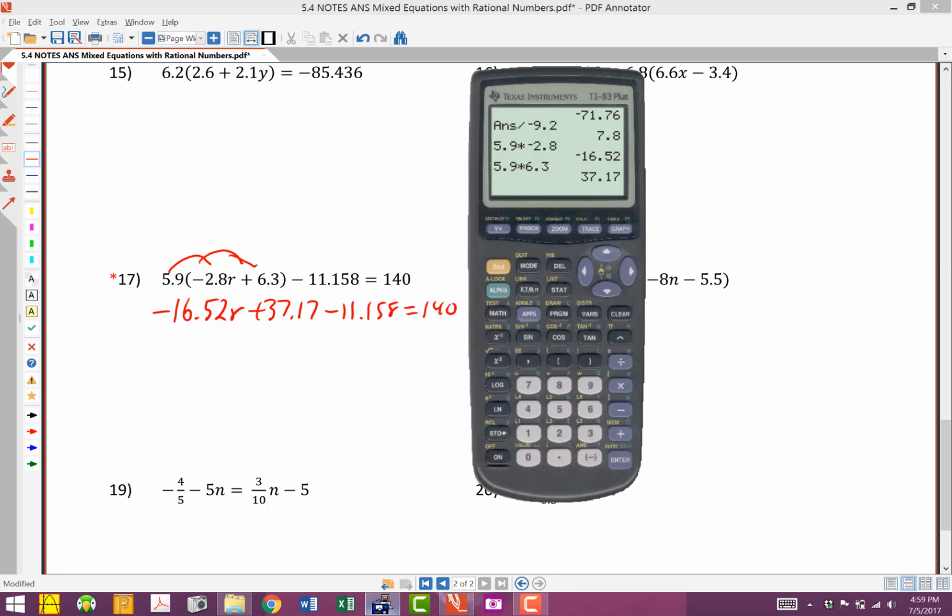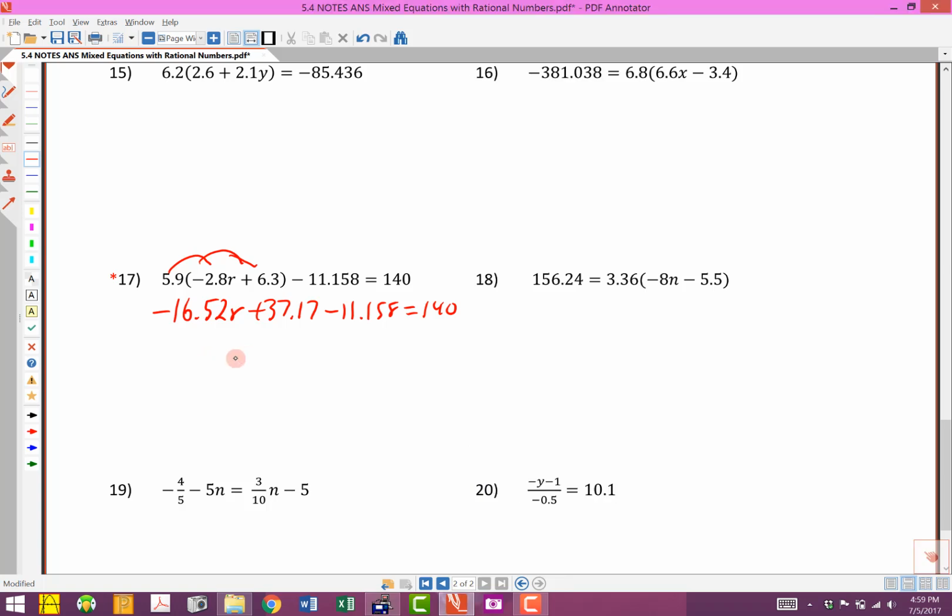So let's see what we get there. There's the 37.17. So all I'm going to do is subtract 11.158. Let's see, 26.012. Okay, so this is 26.012 and the negative 16.52r, and that equals 140.